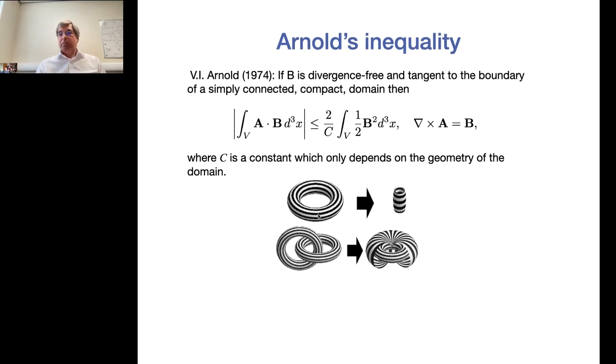The same scenario does not work anymore for a pair of linked flux tubes, in that if you have a pair of linked flux tubes, then of course at some point shrinking one of these flux tubes, you will encounter the other flux tube, and that is an obstacle.